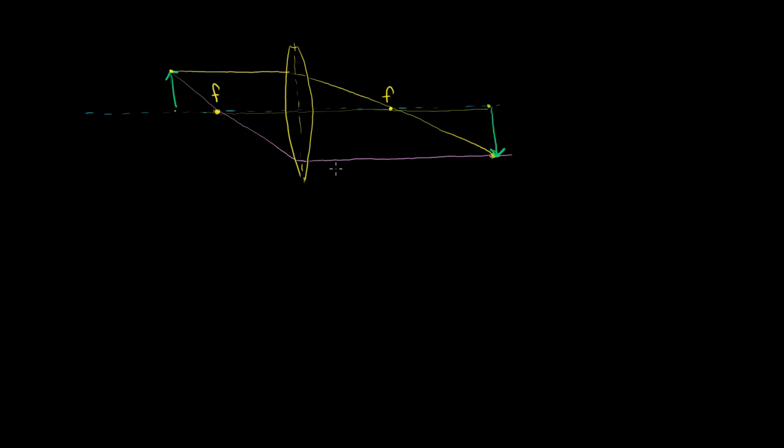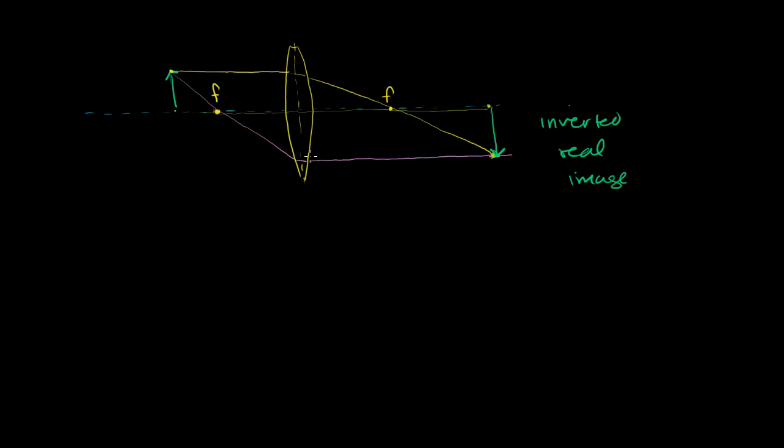So in this example, we have an inverted real image. And once again, it's a real image because the light is actually converging at that point. You would actually be able to put some type of a screen and project the image there.